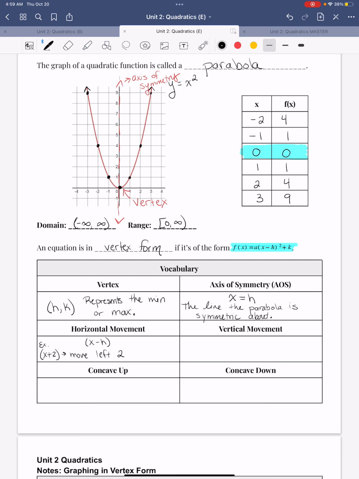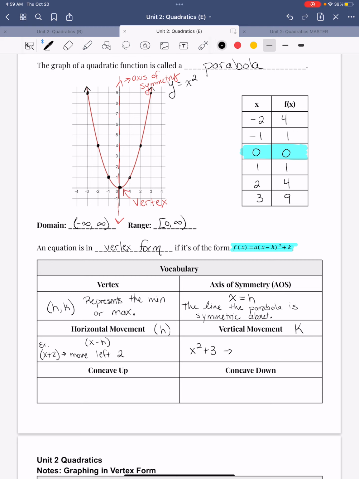So my horizontal movement is represented by my variable h. My vertical movement is represented by that variable k, and that's that constant that's hanging out at the end. And it follows exactly what's going to be happening. So let's say that we had x squared plus 3.